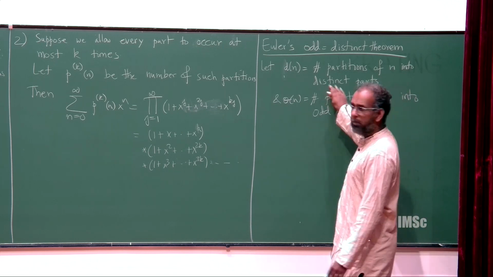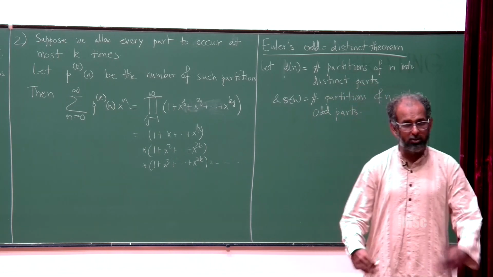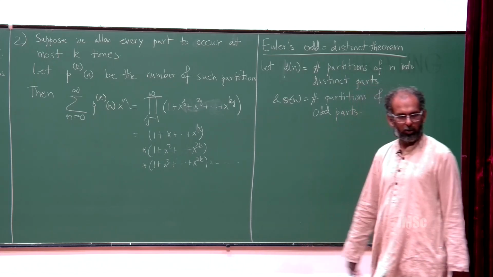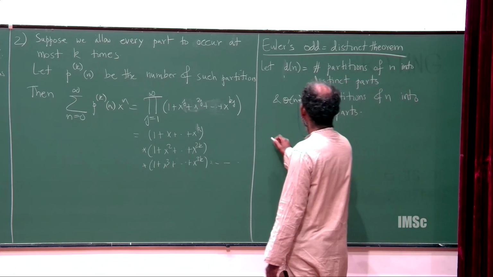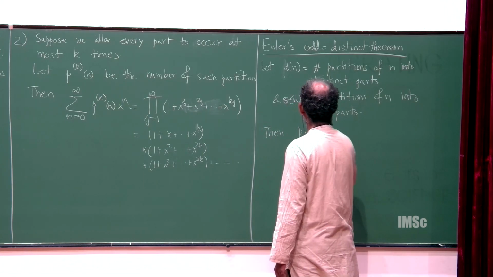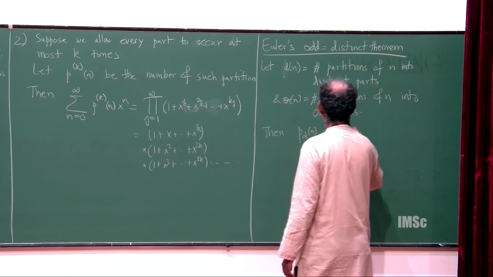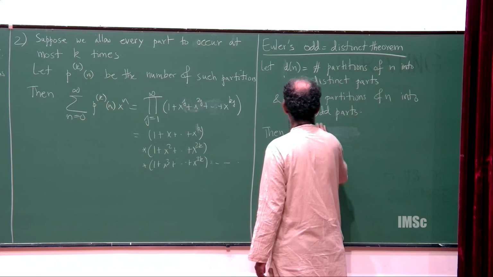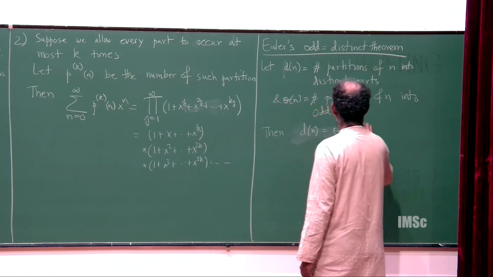Distinct parts means each part is distinct, it's not repeated. And odd parts means every part is odd. Then d of n equals O of n for all n.